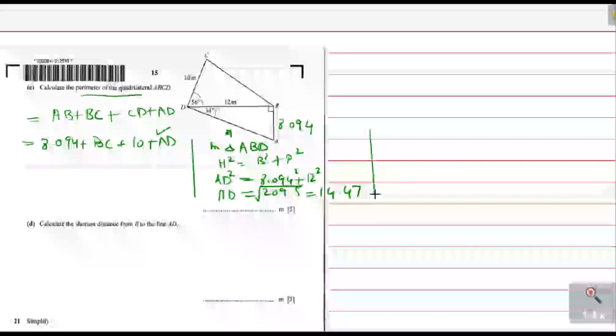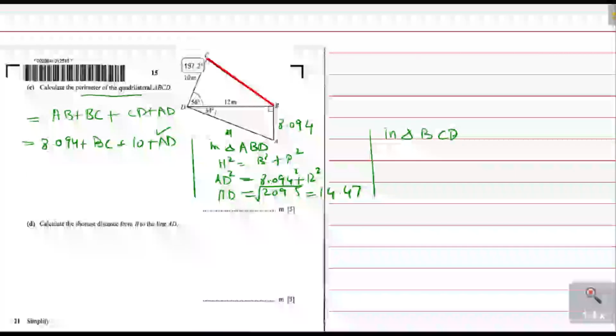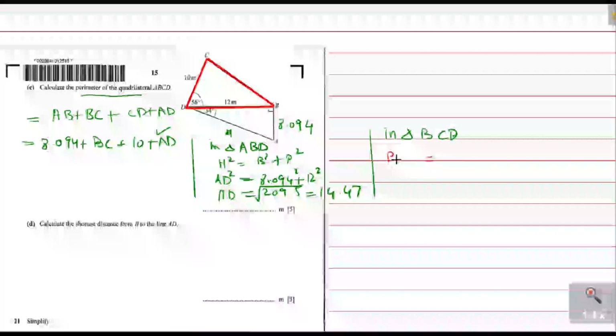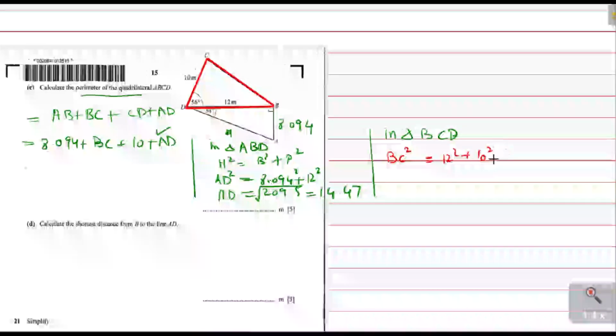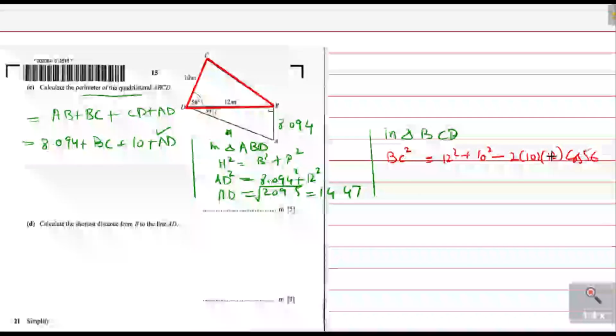To calculate the length of BC in triangle BCD, we can calculate this length BC by using the cosine rule, because the other two sides and the angle between them is given here. Therefore, we can write this BC square equal to 12 square plus 10 square minus 2 into 10 into 12 into cos 56.